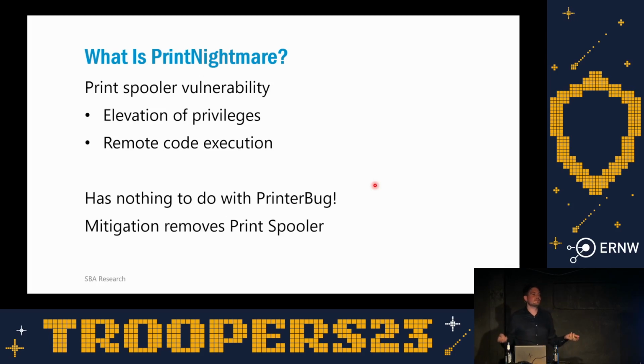So the mitigation was that people removed the print spooler, which was running on domain controllers by default, or also in our lab environment, it runs. They decided to remove the print spooler because you do not need it on a domain controller, for example, which also kills the PrintBug.